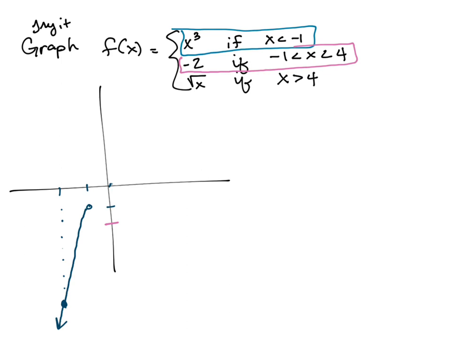What kind of function is that? Constant. It's a horizontal line that goes from where to where? And open or closed on both ends? Open on both ends. So 1, 2, 3, 4. This one's going to go all the way across at y equals negative 2, and it's open on both ends.